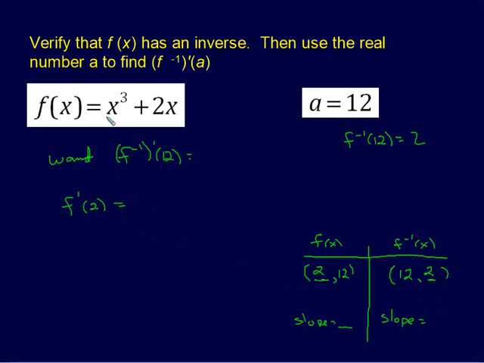The derivative of x cubed plus 2x is 3x squared plus 2, and now the inserted number is going to be 2. All told, this is 14. So the slope of f at the point (2, 12) is 14, and that makes the slope I was asked for 1/14. And so that's my conclusion: f inverse prime of 12 is 1/14.